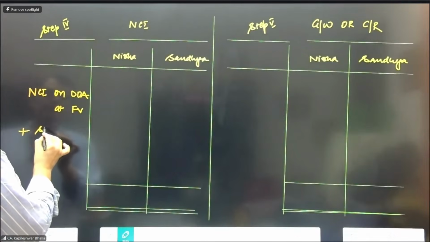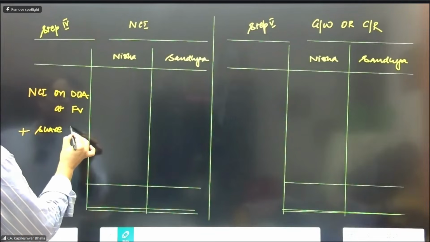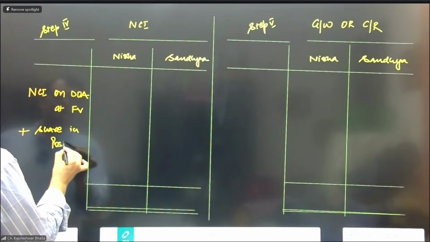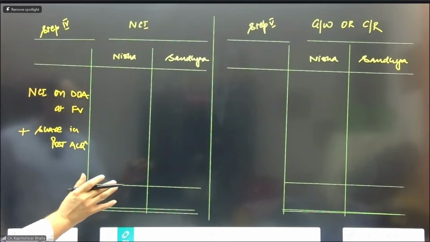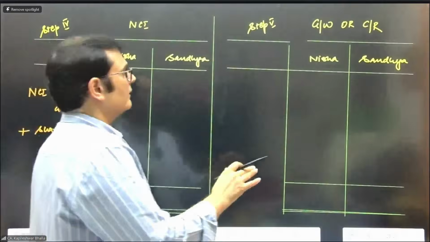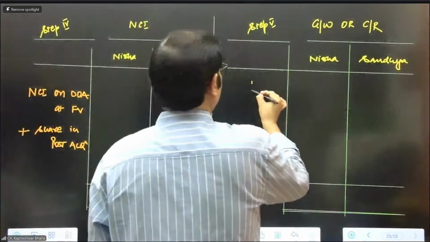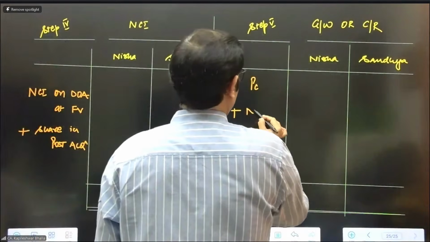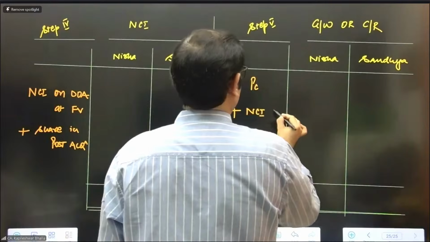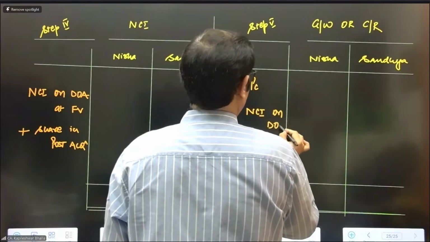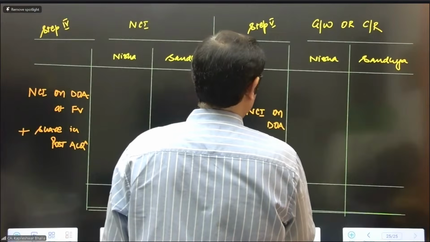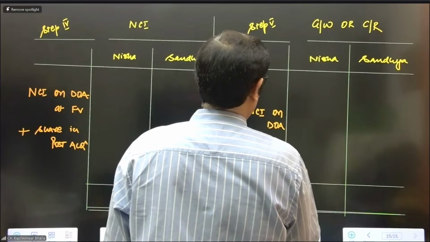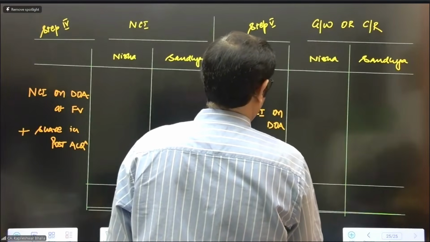We'll add the share in post acquisition and something else, we'll take care of. And in terms of goodwill, we need PC, we need the NCI on date of acquisition, and then we need to compare this with the net assets on date of acquisition.